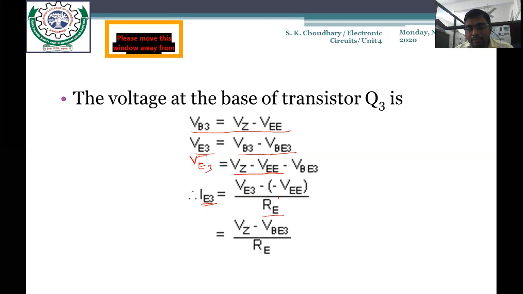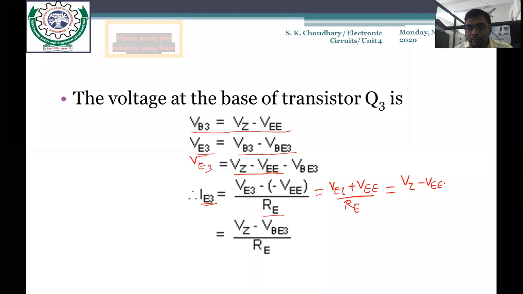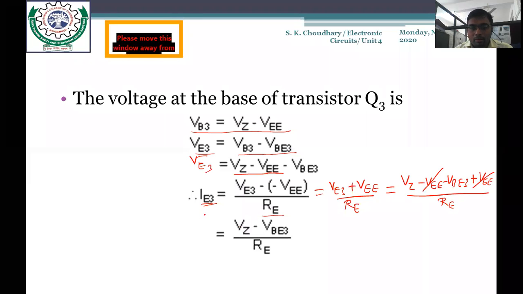We substitute the value of VE3 here, so you get VZ minus VEE minus VBE3 plus VEE upon RE. This VEE cancels out, and finally IE3 is VZ minus VBE3 upon RE.